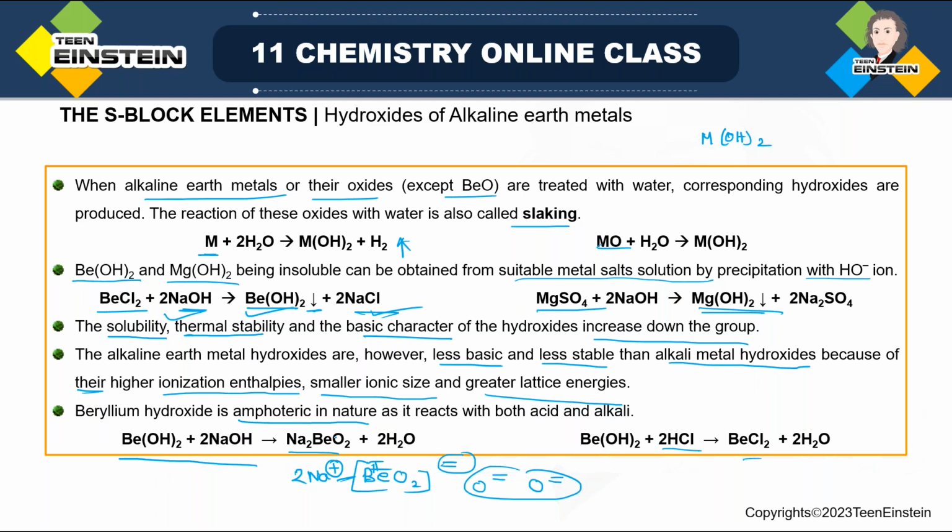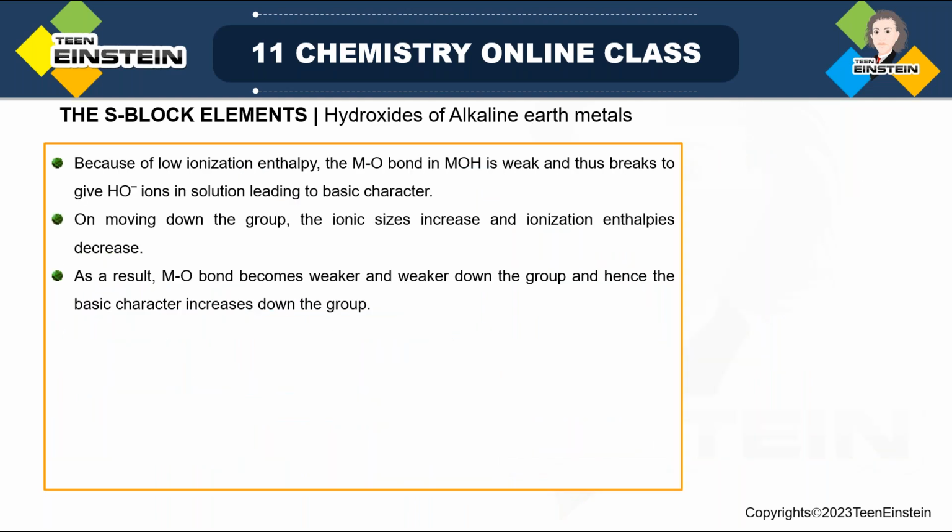Fine. Some more points related to hydroxide. Low ionization enthalpy. It is true that compared to alkali metals, their ionization enthalpy is high, but actually they are S-block metals. So if you compare with other elements in the periodic table, obviously ionization enthalpy is very low.